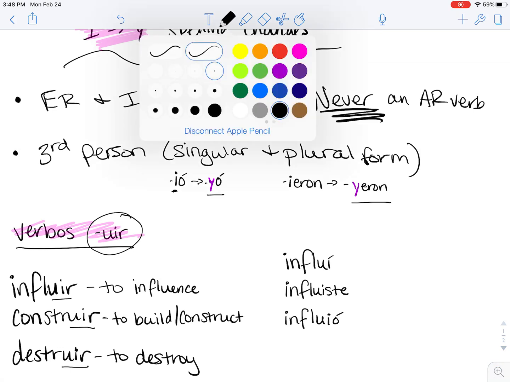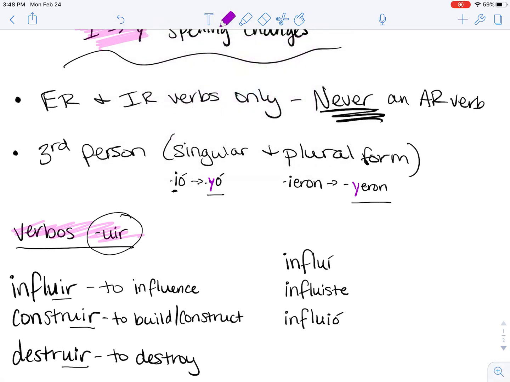So in order to keep that sound, influyó, Spanish says we need to change that I to a Y. Influyó. We're keeping the pronunciation.